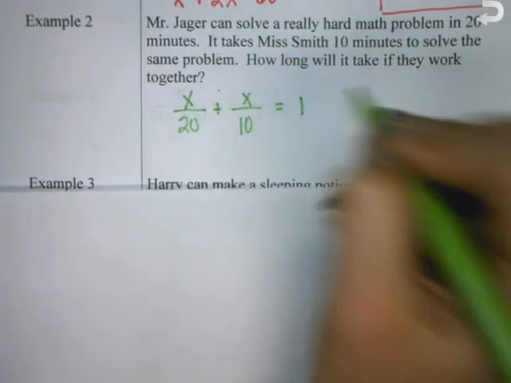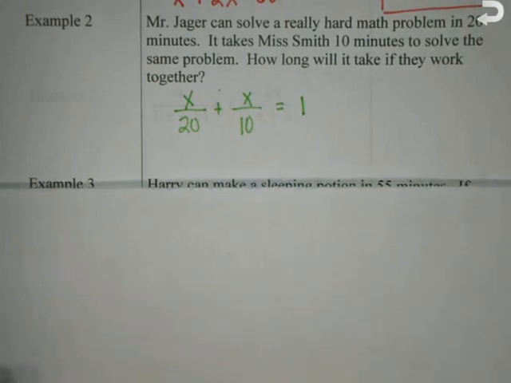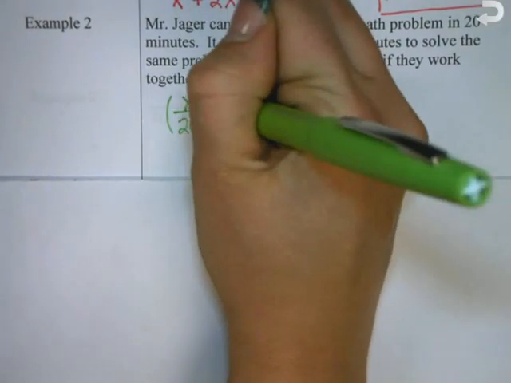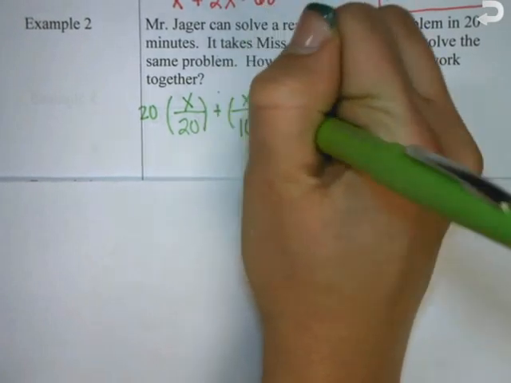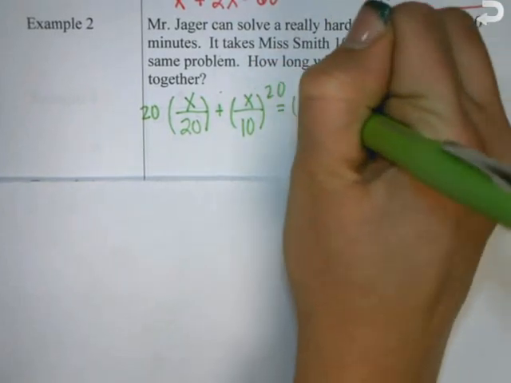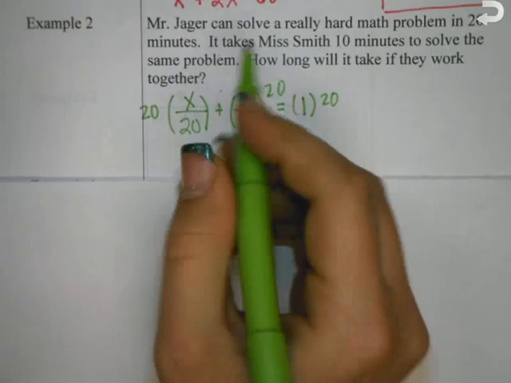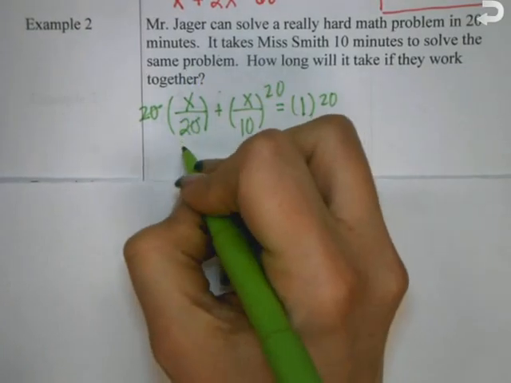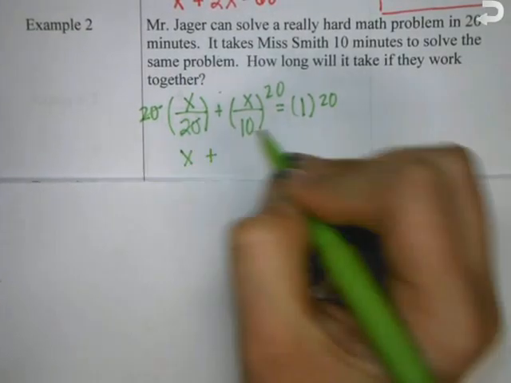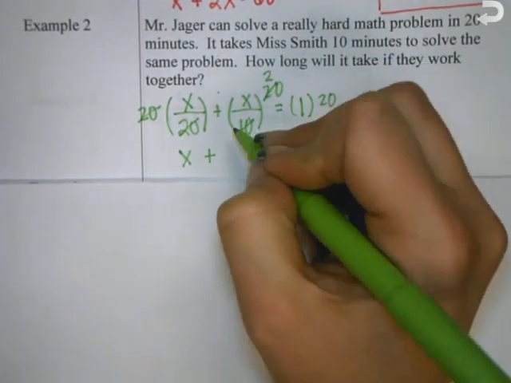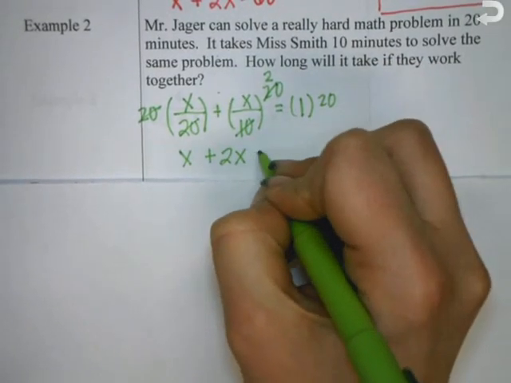Always equals 1. Okay, what is my LCD here? 20. So I multiply everything by 20. Okay? So then what happens? These 20s cancel, so I'm left with x plus 10 goes into 20 twice, so plus 2x equals 20.